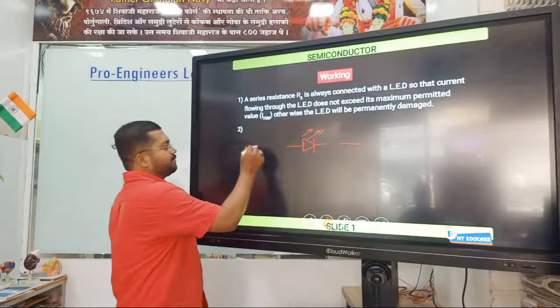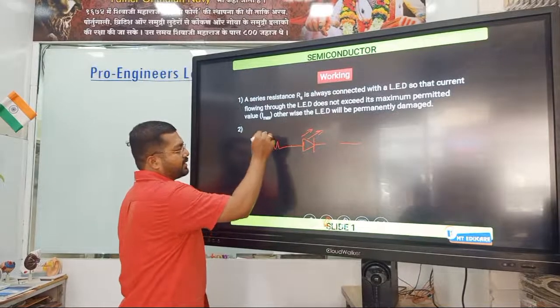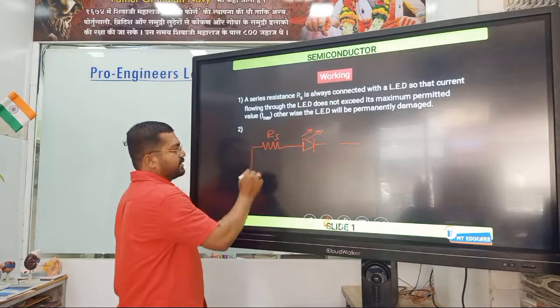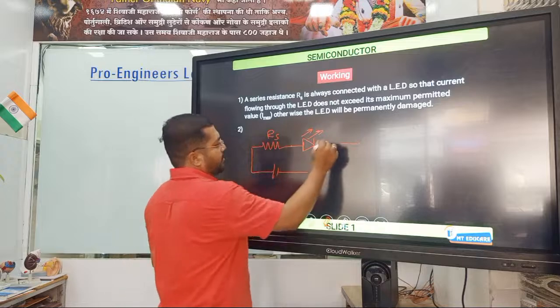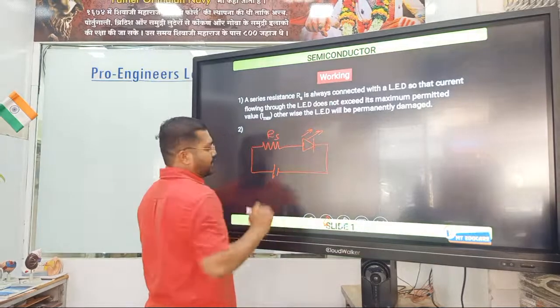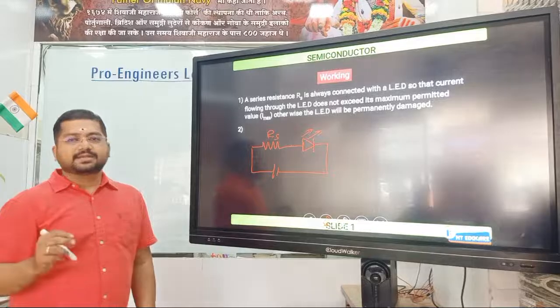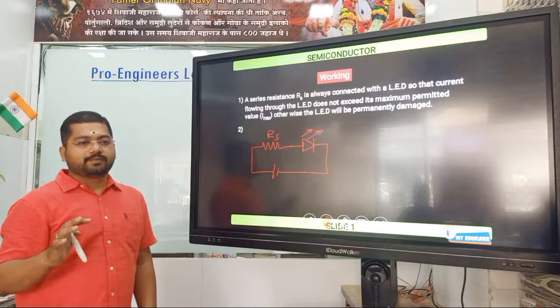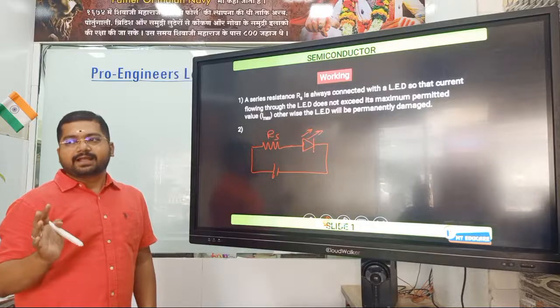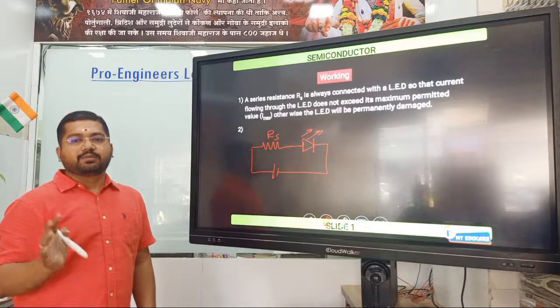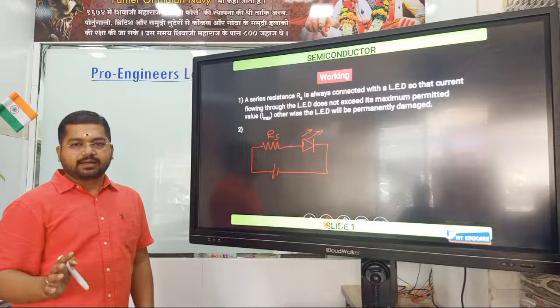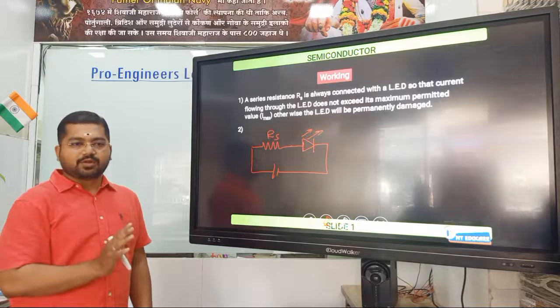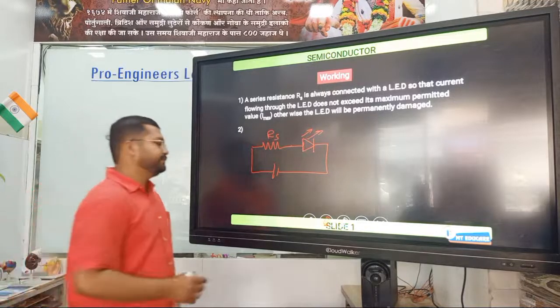So at the start, what do we always need? Resistance in series, and we can connect a battery to it. It means even if the voltage increases, it will not blow off, because an LED cannot sustain more than 1.5 volts, right? It can only survive between 0.3 to 1.5.